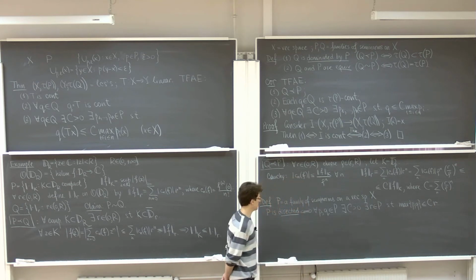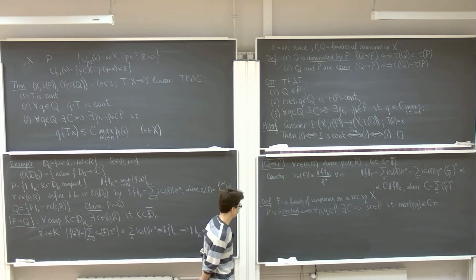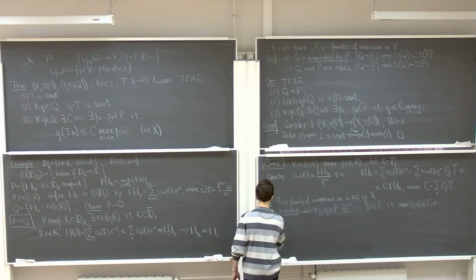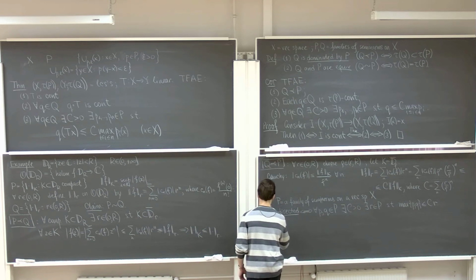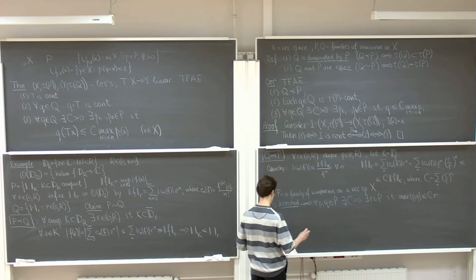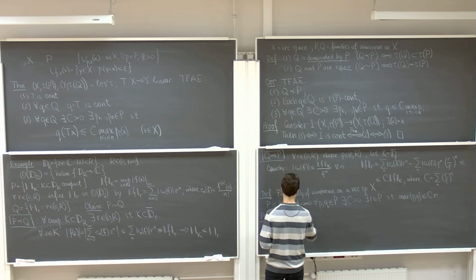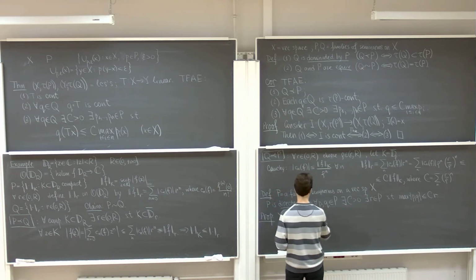Why is it useful? Well, first of all, let's give a topological characterization of directed families. We have the following proposition. So suppose that X is a vector space. P is a family of seminorms.